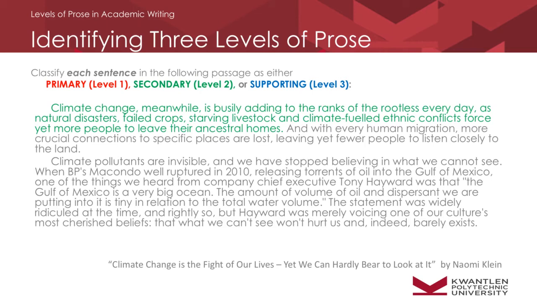So she's not at the more supporting level. She's making a broader general claim. So in this case, we could call this sentence a primary level sentence. And if we were doing a summary assignment, we would be focusing on these primary claims in order to collect the points for the summary.